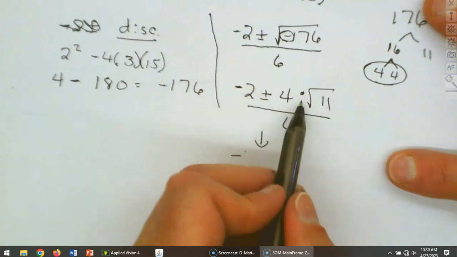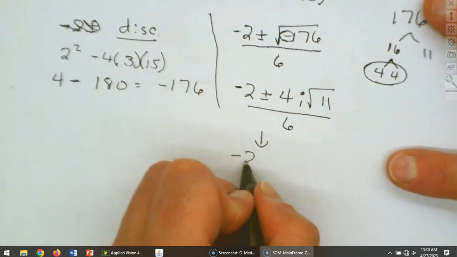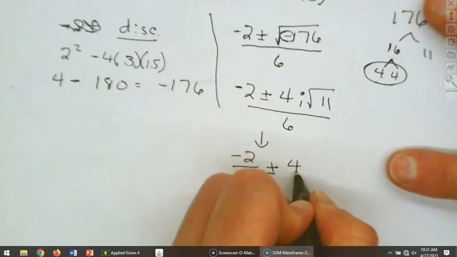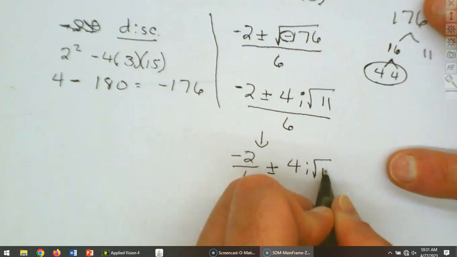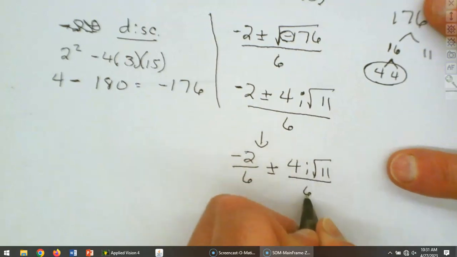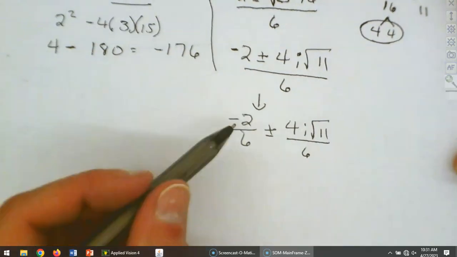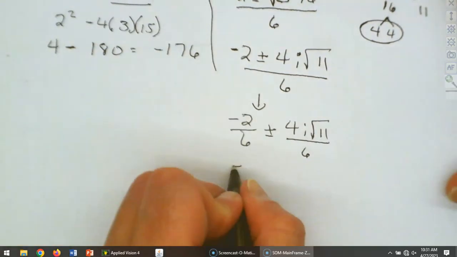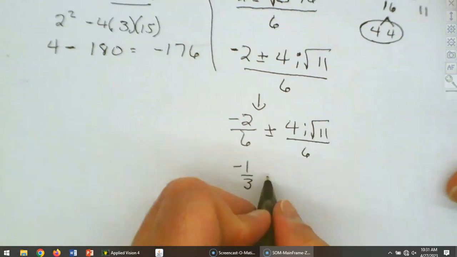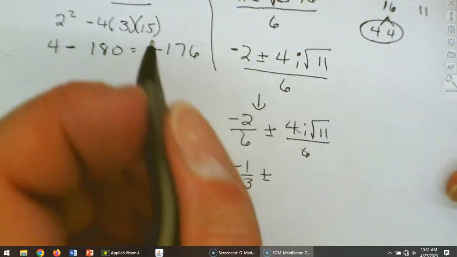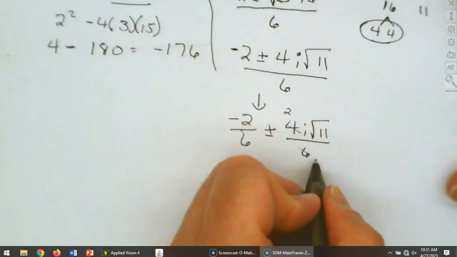Why do we split it up? Because this i, so that's minus 2 over 6, plus or minus 4i square root of 11 over 6. Reduce. Negative 2 over 6 reduces down to minus 1/3, and then we have our plus or minus 4 over 6, which reduces down to 2/3.